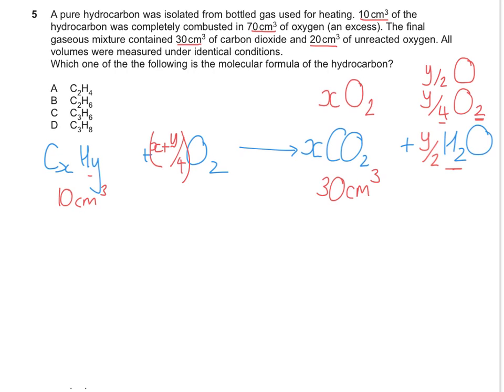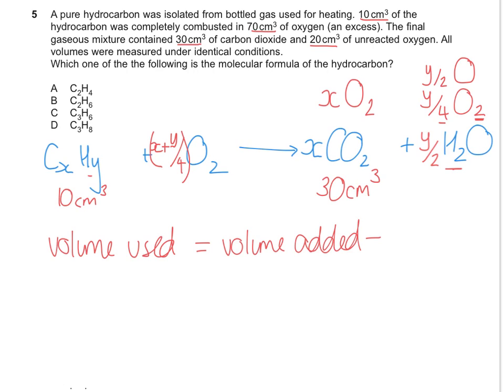So we can work that out by doing volume of oxygen used is going to be the volume we added take away the volume that was left over at the end. And that's the unreacted oxygen.